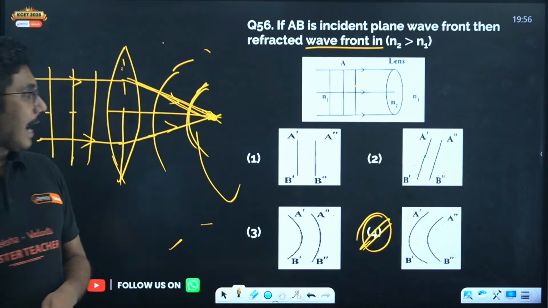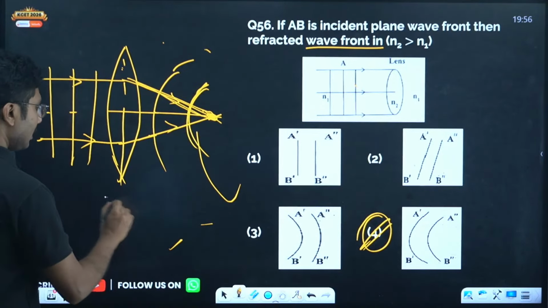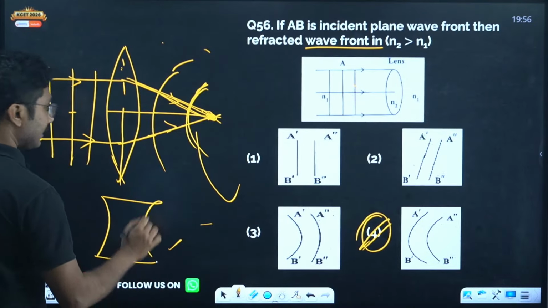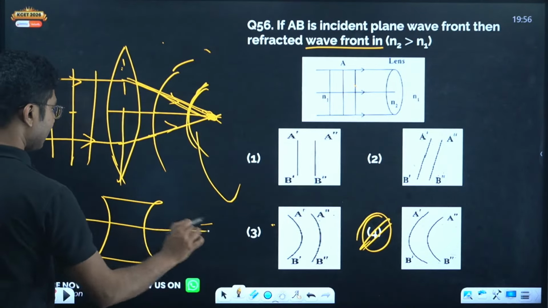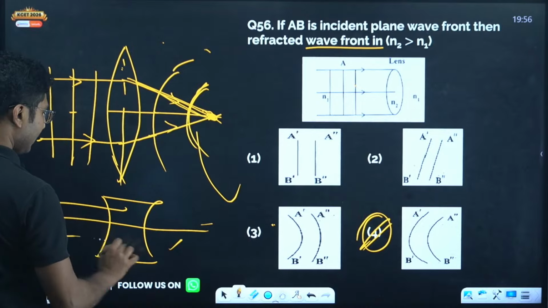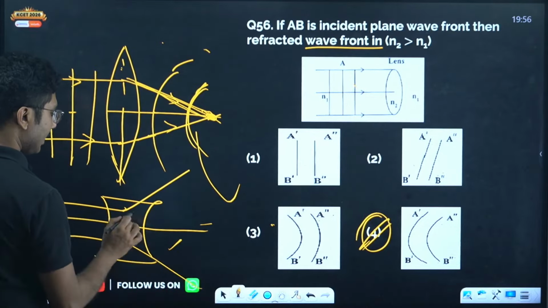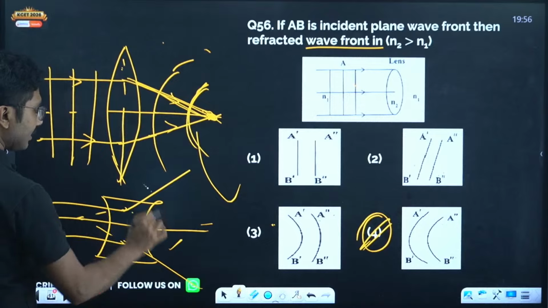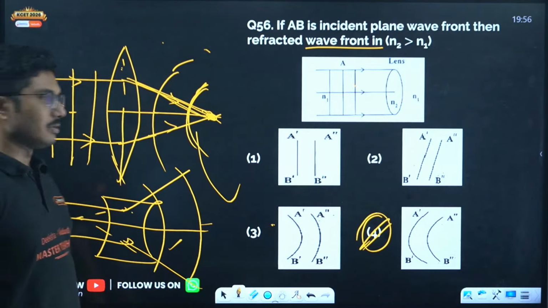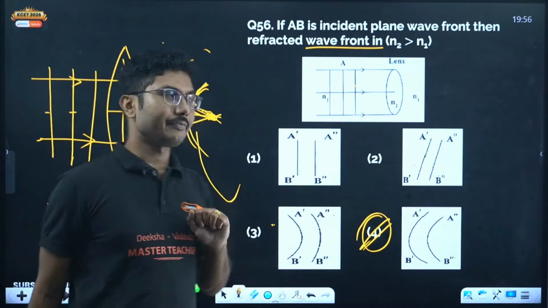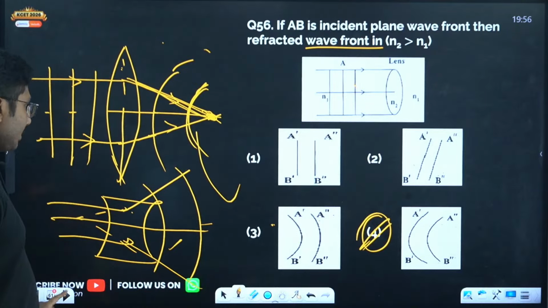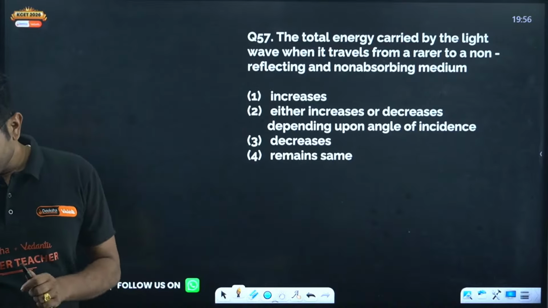And if the same question is asked with a concave lens, then your answer is correct, because a concave lens makes parallel rays diverge. If you trace them back, they meet here. So this is the correct pattern. For a concave lens this is correct, for a convex lens this is not correct. Okay, clear?